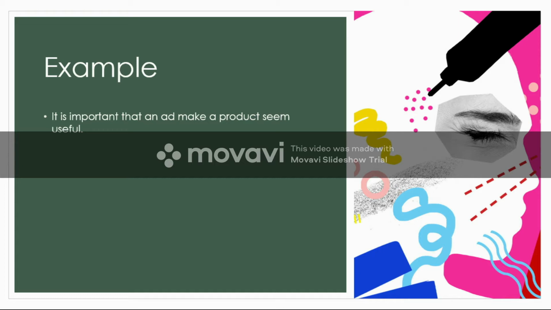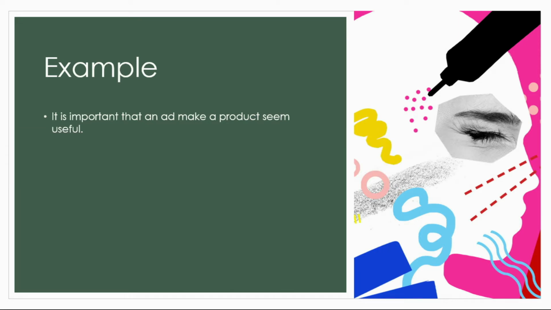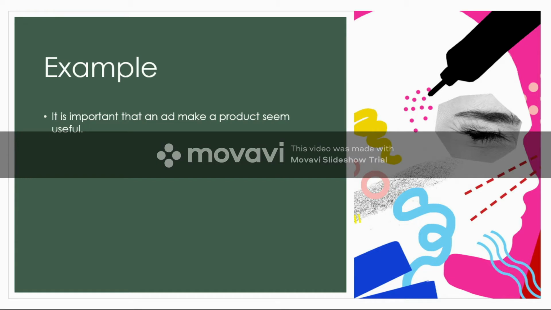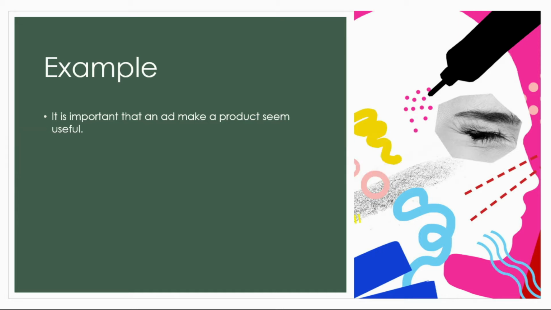Okay, now I need you guys to underline the noun clause. Okay, the noun clause is that an ad make a product seem useful.